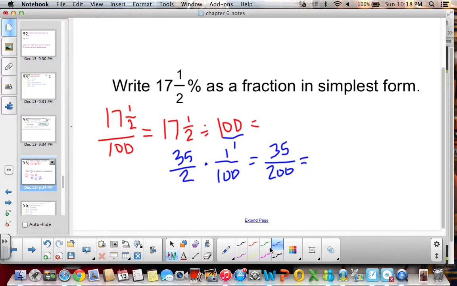I know that they can both be divided by 5, so I'm going to simplify it that way by dividing both my numerator and denominator by 5. 35 divided by 5 is 7. 200 divided by 5 is 40. 7/40 cannot be simplified anymore, so then my answer is 7/40.